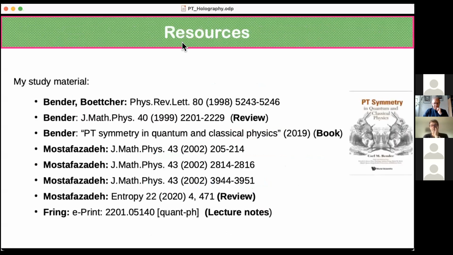I'm an outsider to the field, so I don't know the literature fully. Just to give you an impression of what I know, these are the papers I studied most. There's this fundamental paper by Carl Bender and Boettcher, and then some reviews and books, and especially these last two, which will be important at the end of the talk, where I do time development, where I learned how to do these time-dependent pseudo-Hermitian Hamiltonians.